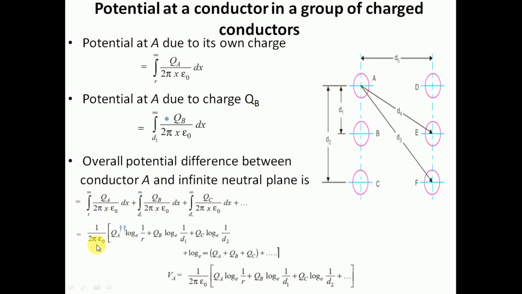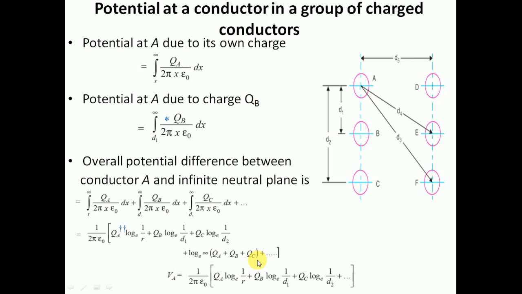Now taking 1 by 2 pi epsilon 0 common from all these terms, we can write Qa natural log of 1 by r plus Qb natural log of 1 by D1, like that. And taking the natural log of infinity common, we get inside the bracket Qa plus Qb plus Qc up till Qf.